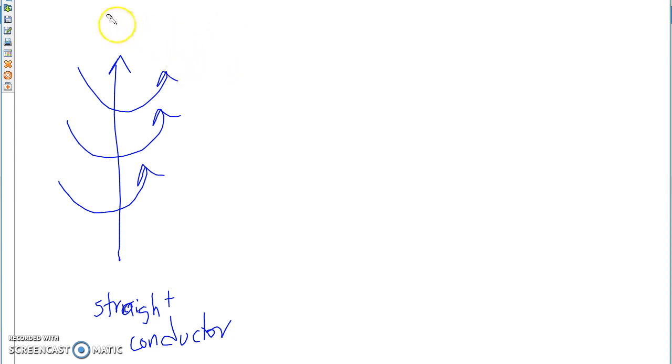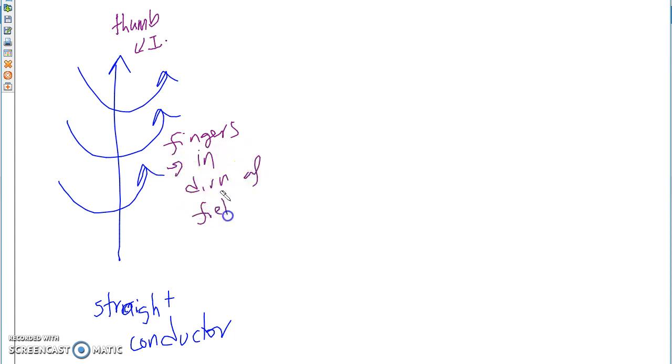My thumb will point in the direction of the current I, and my fingers will curl around the conductor in the direction of the field, which we called B, magnetic field going around this conductor. So this is the first right-hand rule.